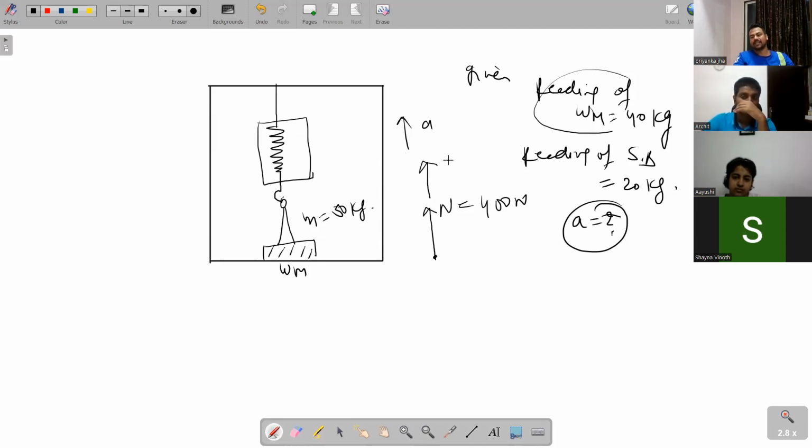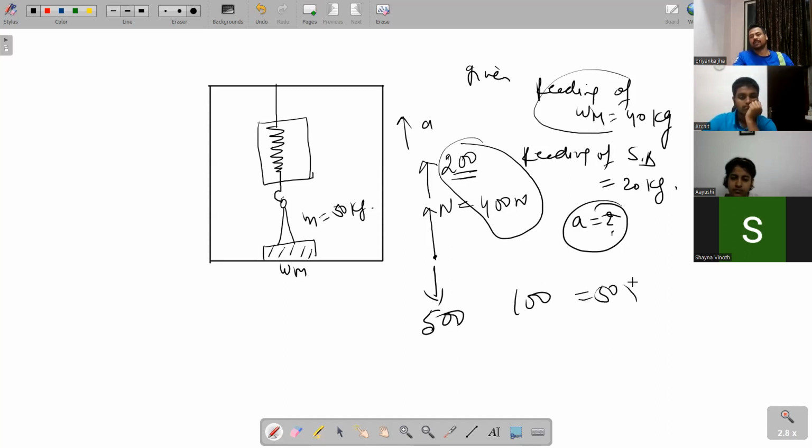Tension in the spring is 200 Newton, 20 into g, since it is in kgf. And mg is acting downward, that is 50 into g, 500 Newton. So net force would be what? 600 minus 500, 100 Newton up, that is equal to mass into acceleration of the lift. So a is 2 meter per second square.